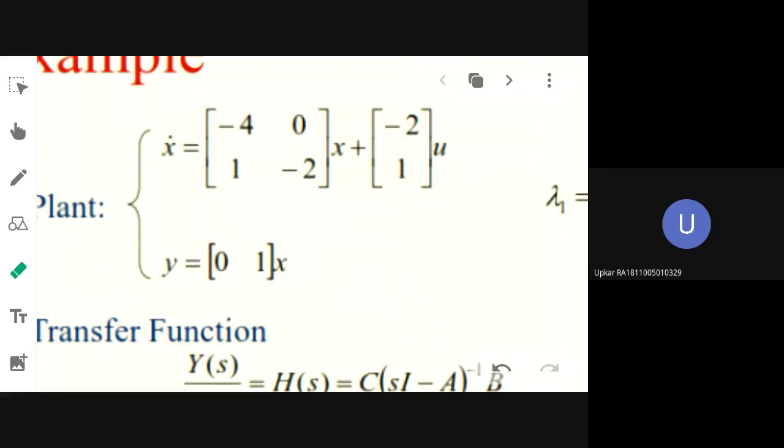The left out topic is only pole zero cancellation. That I will take day after tomorrow and I will finish the syllabus. Come on, are you people trying it out or what? One of you should tell me the answer, otherwise I will hand pick.